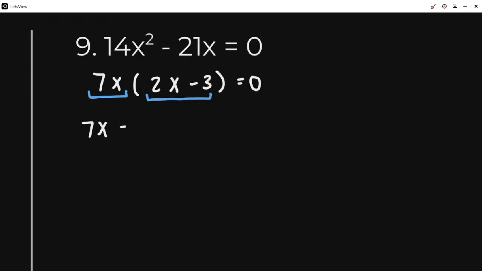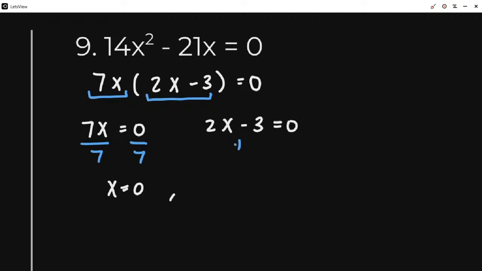So 7x equals 0 and 2x minus 3 equals 0. So for the first one, we would divide by 7 and we get x equals 0. And for the second one, we would add 3. So we get 2x equals 3 and then divide by 2. So x equals 3 over 2. So those would be the two answers for this problem.